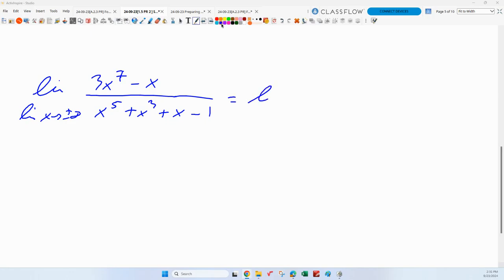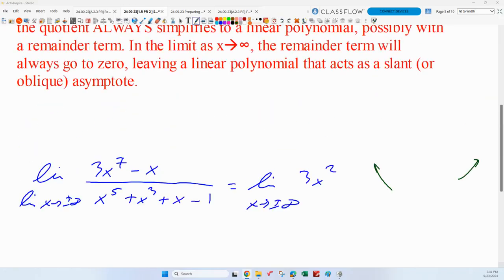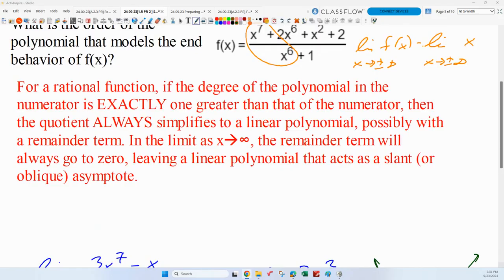So that's going to equal the limit of 3x squared as x approaches plus or minus infinity. So now we would see end behavior that would look like that, right? Up to the left and up to the right. Everybody good?